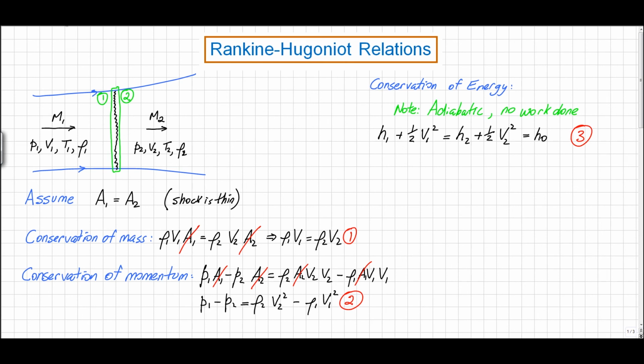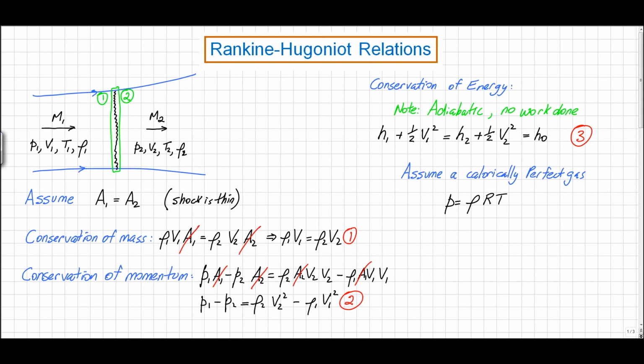Now, the last thing we're going to do is bring in a couple more equations. We're going to assume that we have a calorically perfect gas. So that means, first of all, because we've got a perfect gas, we can relate the pressure to the density and temperature through the gas constant.